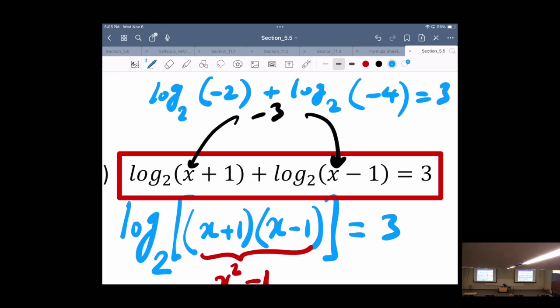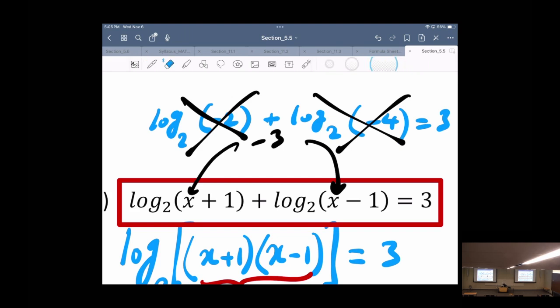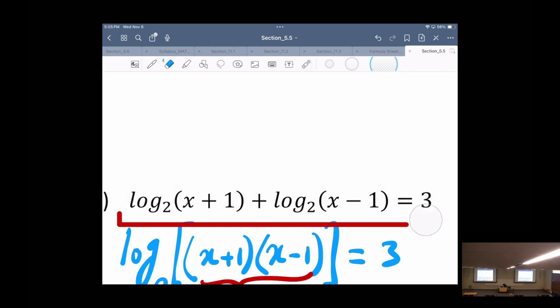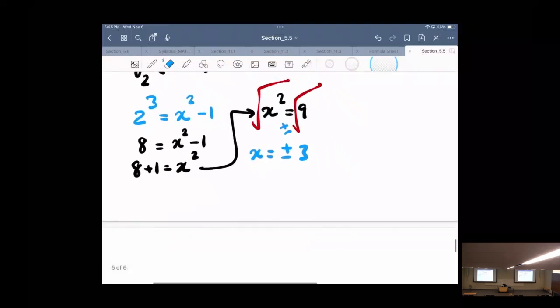But we know that log of negative numbers is undefined. So therefore, we can only accept one of those solutions, not both. We can only accept x equals 3, but not x equals negative 3.